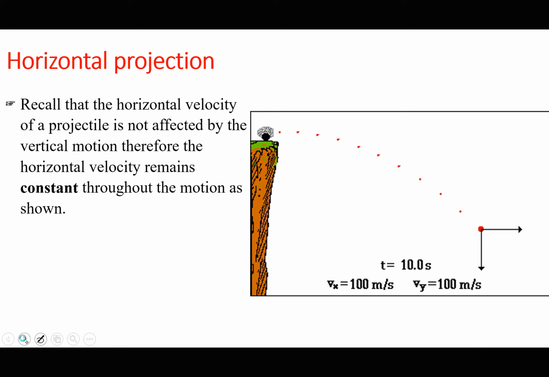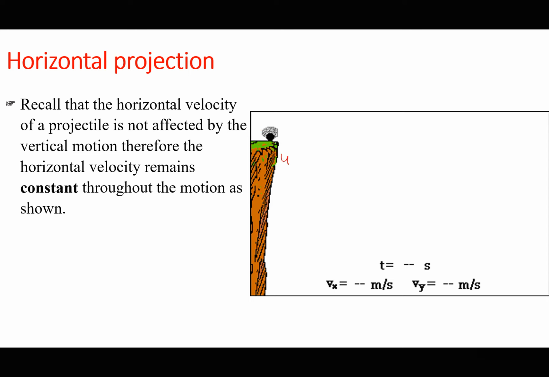You initially notice that there is no arrow in the vertical at the point of projection, which means if a body is projected horizontally, the initial velocity in the vertical is zero. I'll always use u for initial velocity.